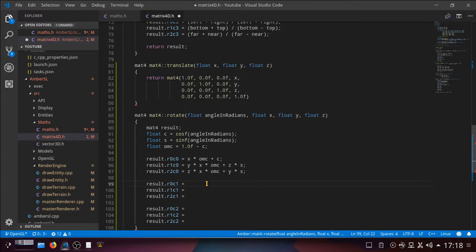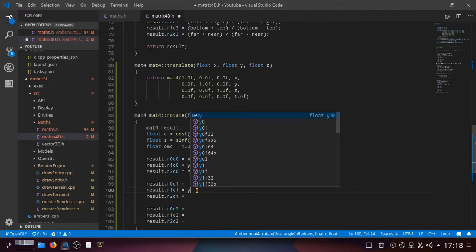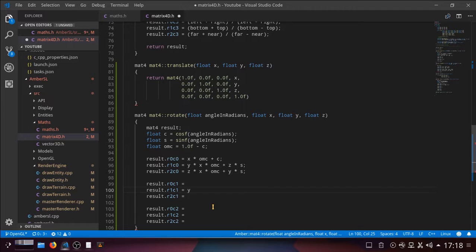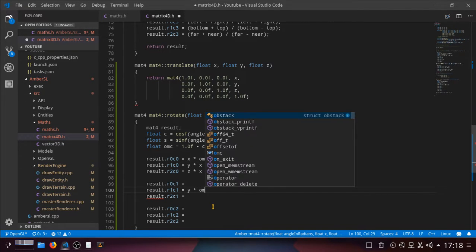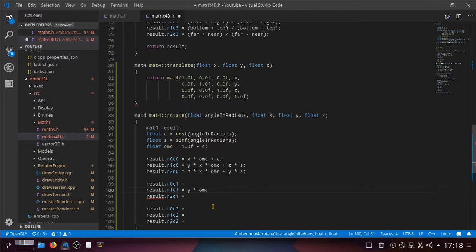So on column 1, we have to do exactly the same equation, but now we have to do it for y. So x was the major here, so we can do the y one first, and you'll see what I mean. Y times OMC, and that is just plus c.